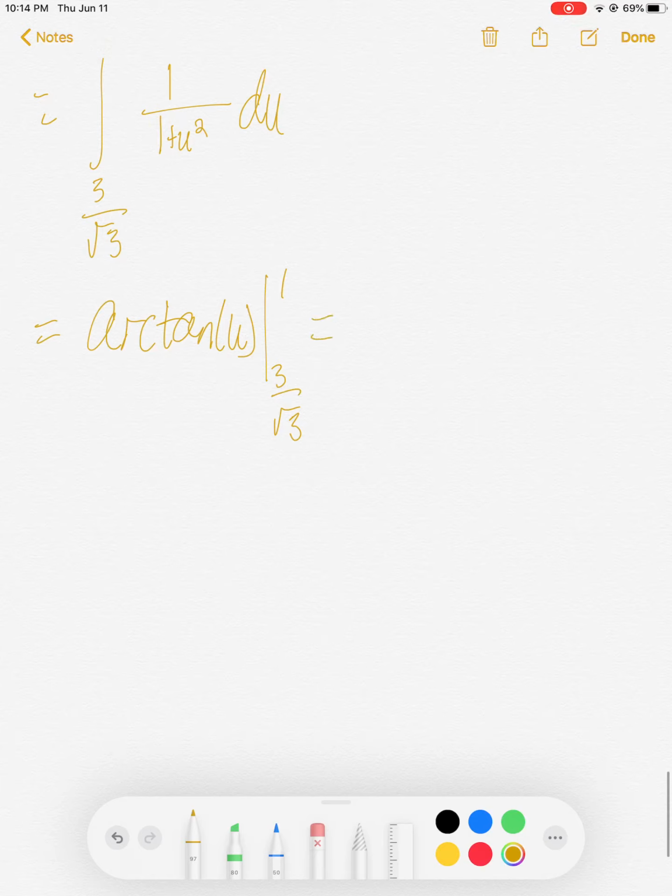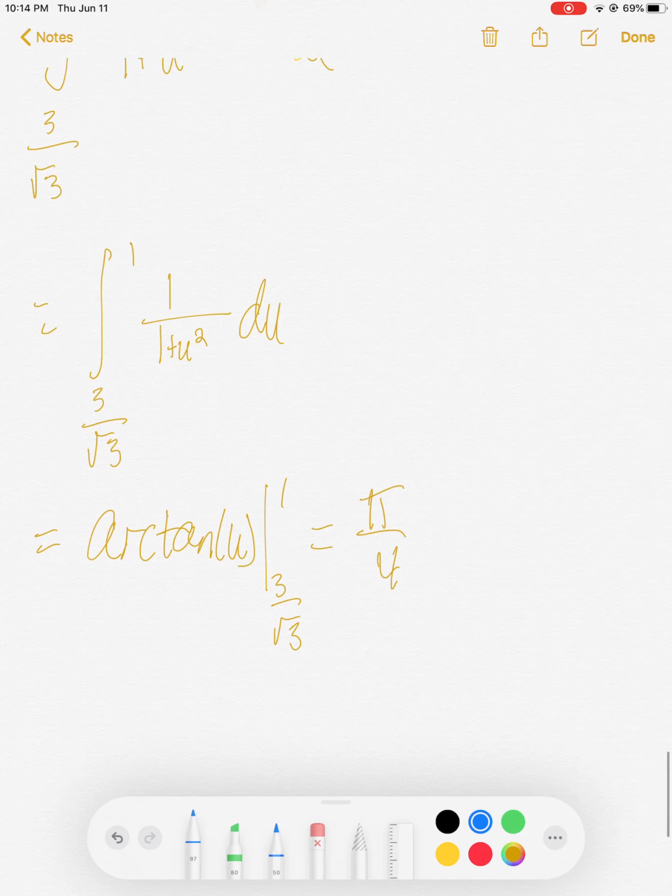And this, as the prophecy foretold, looks just like we kind of thought it might. And so this is arctangent of u, evaluated from 3 over root 3 to 1.